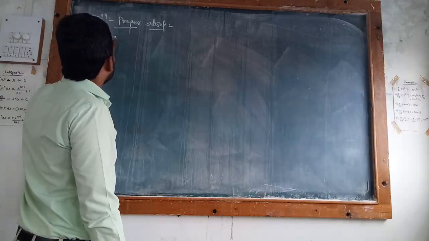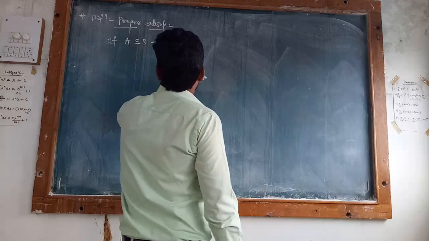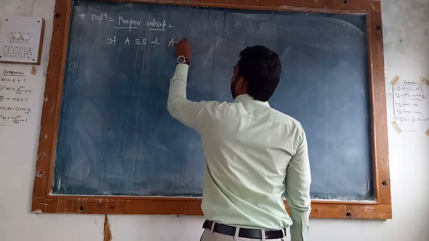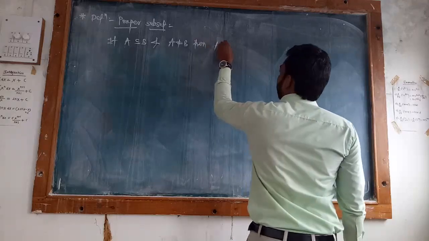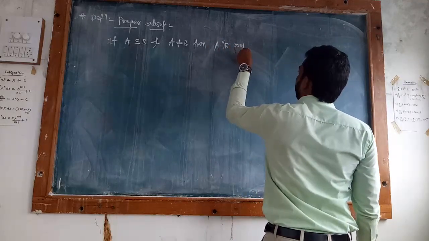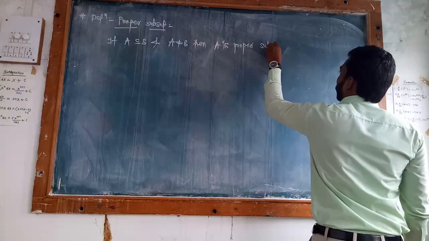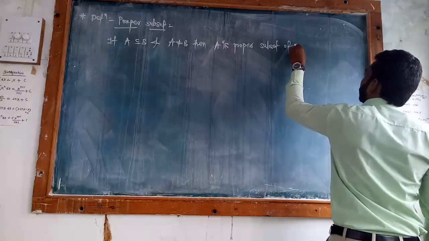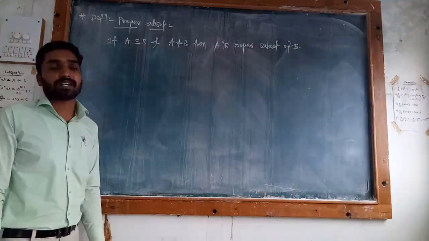Okay? If A is a subset of B and A is not equal to B, then A is a proper subset of B. What is the proper subset?